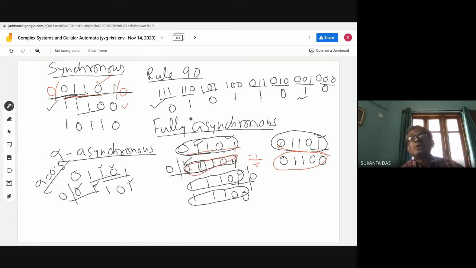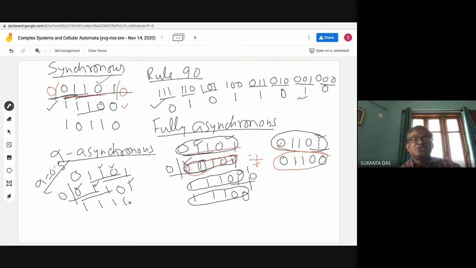So 001 gives 1. Then 011 for this cell, 011 is 1.